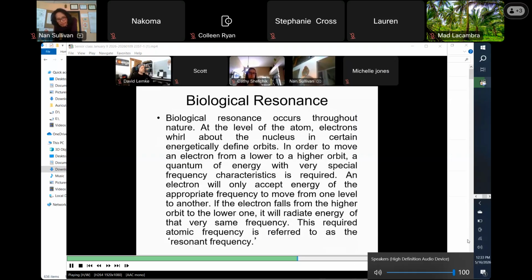An electron will only accept energy of the appropriate frequency to move from one level to another. If the electron falls from the higher orbit to the lower orbit, it will radiate energy of that very same frequency. This required atomic frequency is referred to as the resonant frequency.